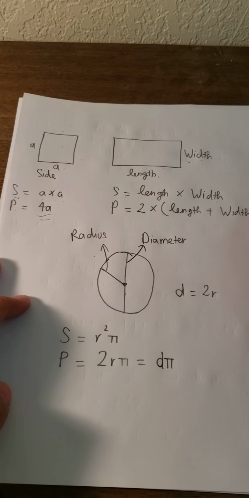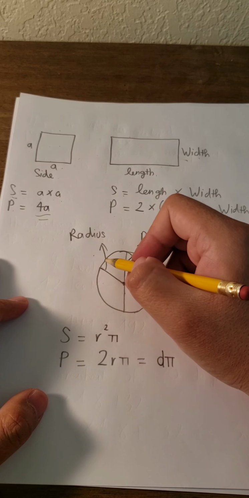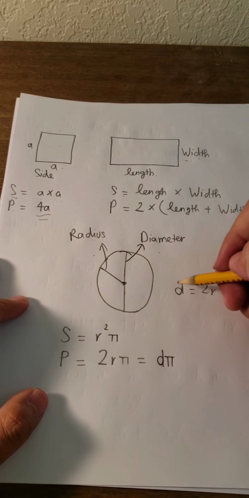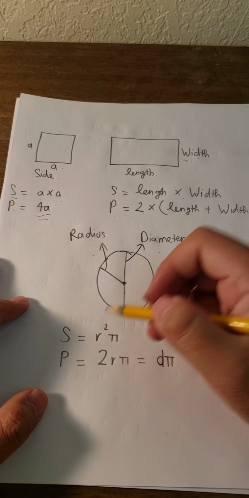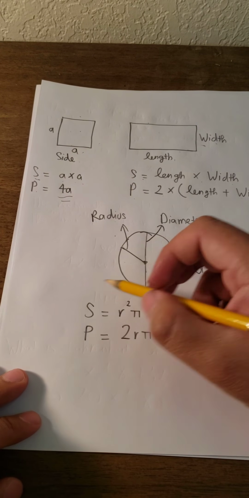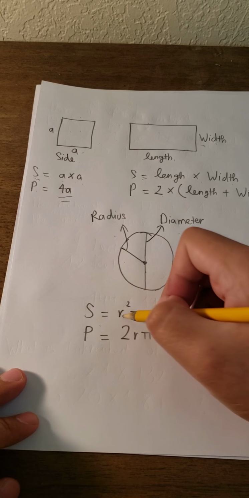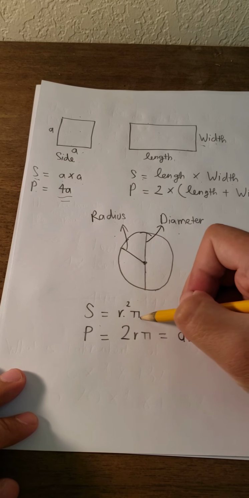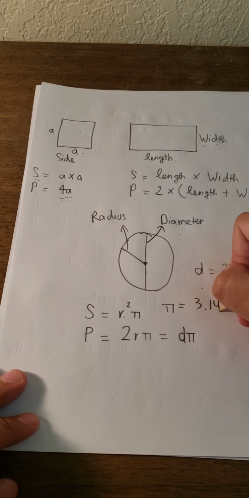In here, about the circle, we have the radius and diameter. We know that diameter equals 2 radius, or 2r. So when we talk about the area, we need to know that it is the radius to the power 2 multiplied with pi. Pi is about 3.14.